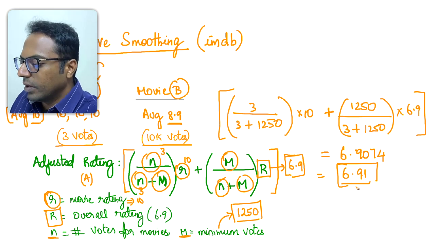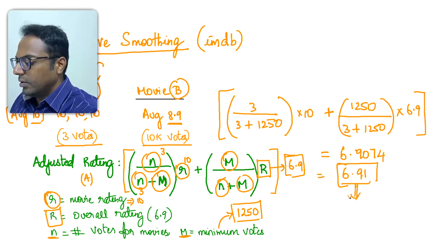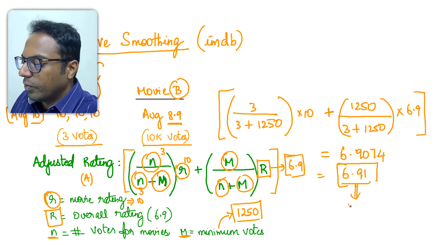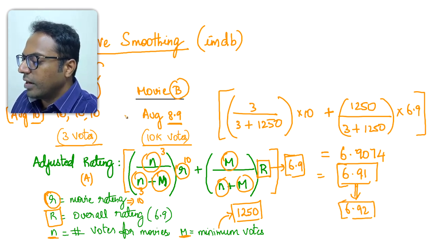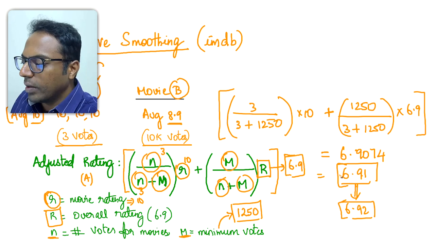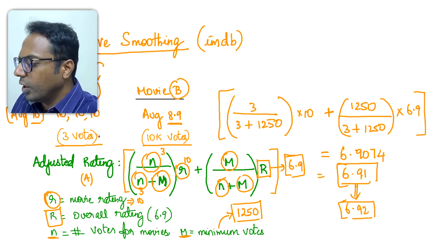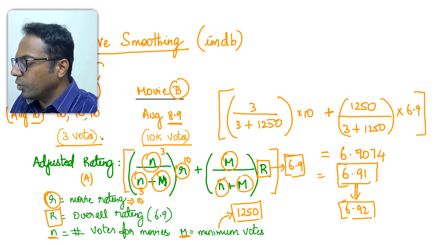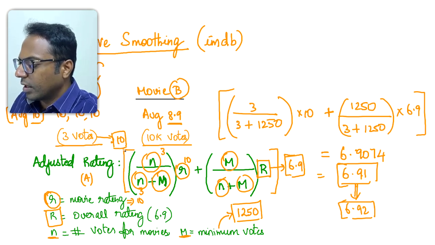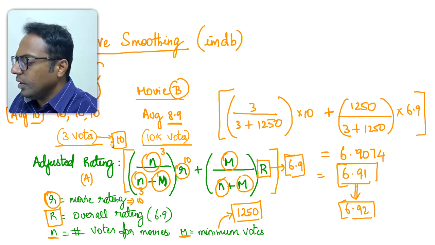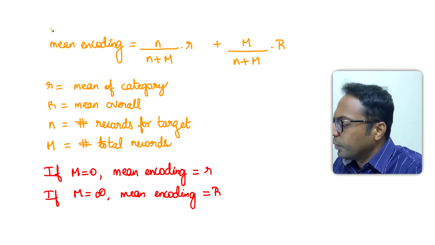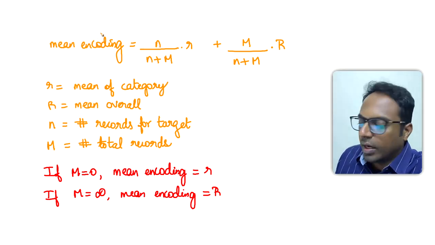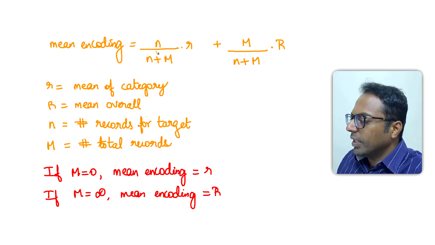This number will slightly improve to 6.92 with 10 ratings. With 100 ratings you can compute it too. As you get more and more ratings, this rating is going to move towards 10 gradually.